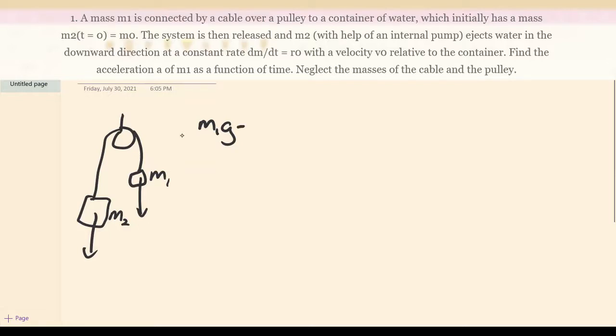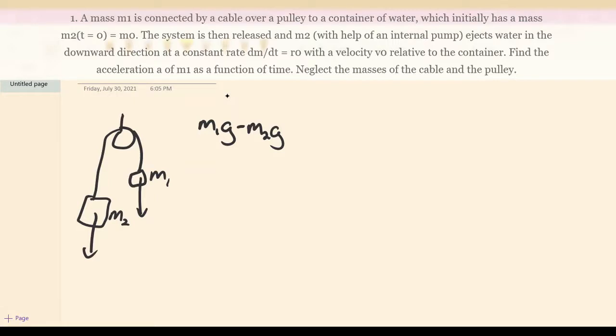But if we want to find the acceleration of m1, we have to subtract this, because if you think about it, gravity is pulling m2 the other way. And finally, there is a force that comes from the water leaking out.